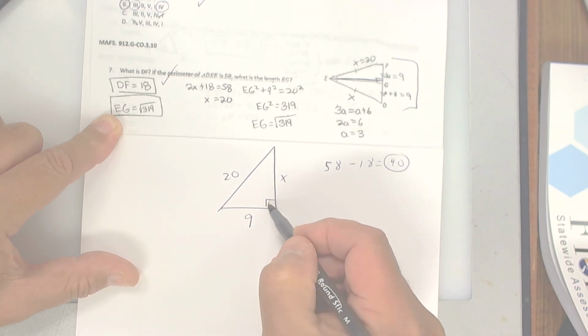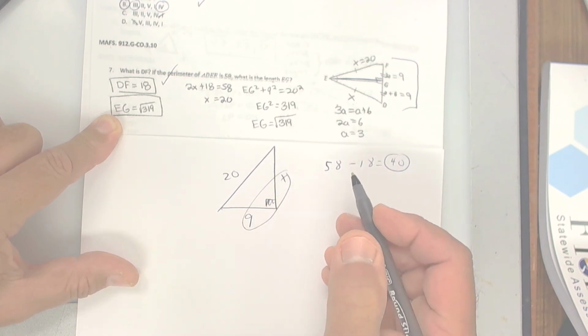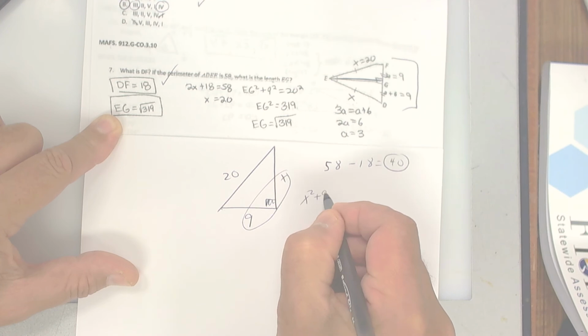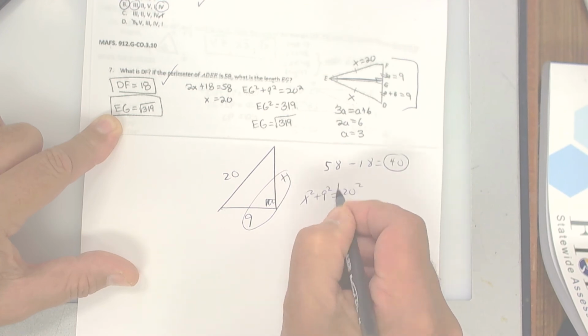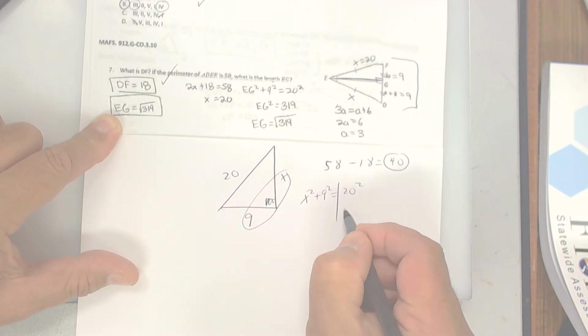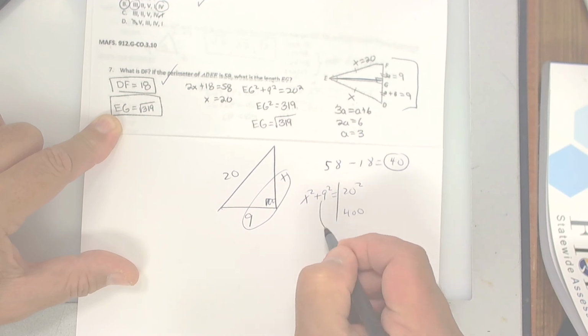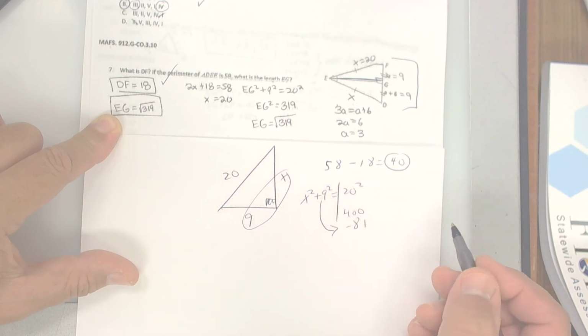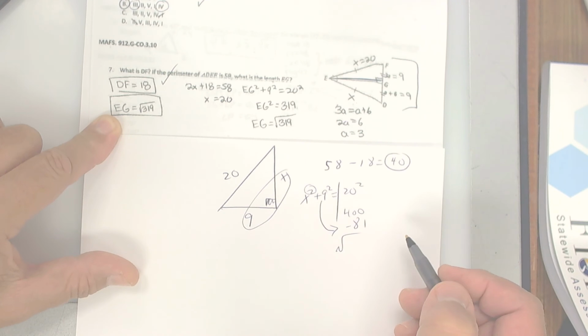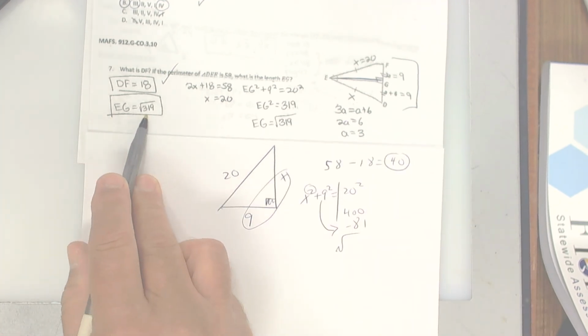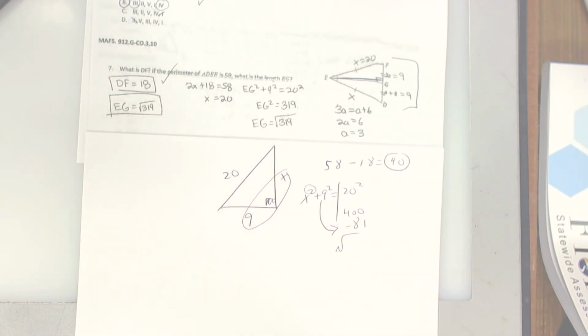So then you color your box and you do Pythagorean's theorem. So you say x squared plus 9 squared is equal to 20 squared, and then you work this out. So you get 400, and then you're going to subtract 9 times 9 is 81, and then you're going to take the square root, and that's what she has here. All right, so that's a good little problem there. So make sure you stay with it. Number 7, put a star by that one. Definitely rework that one and think about what she did here.